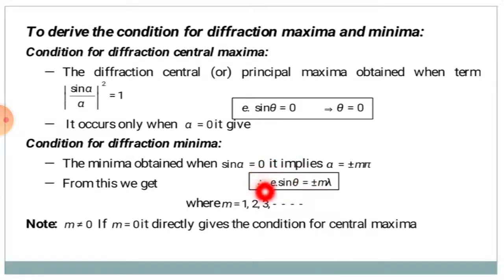So with equal paths, without deviation, they reach the center of the screen and produce the principal maxima or central maxima. That's why here m is not equal to 0. If m is equal to 0, it directly gives the condition for central maxima. Okay, so this is the condition for minimum intensity in the diffraction pattern.